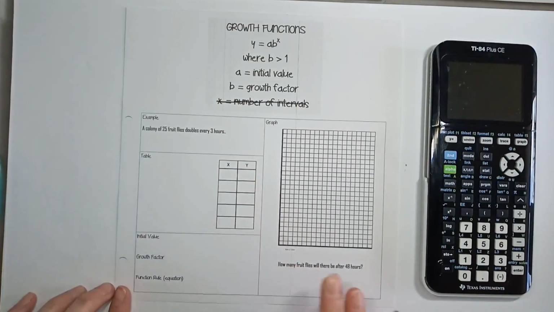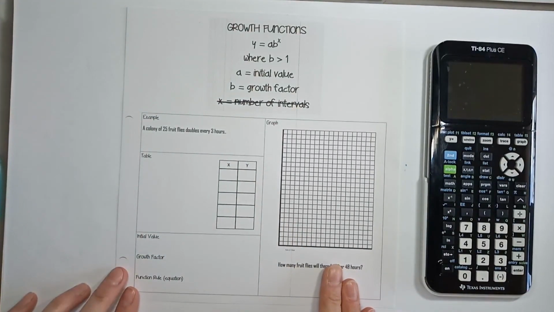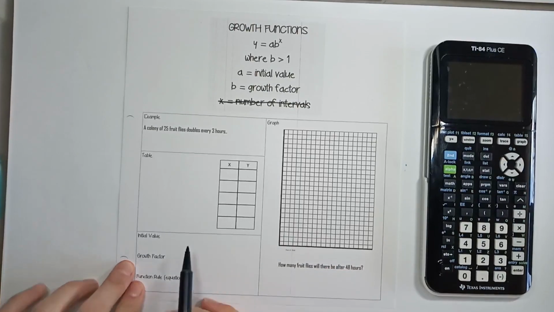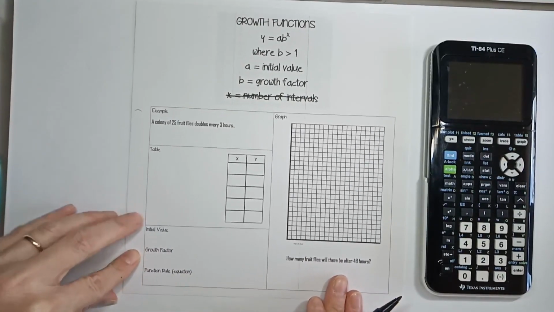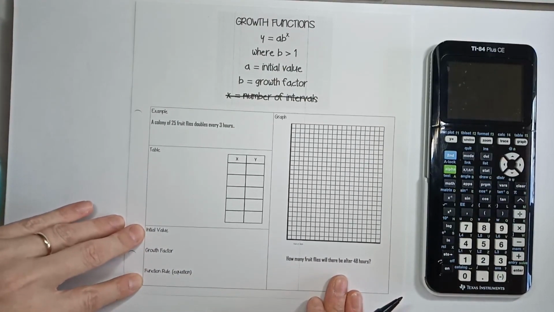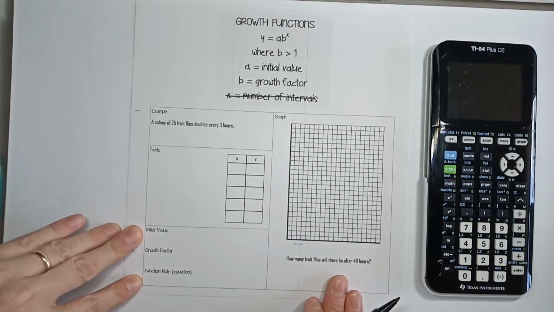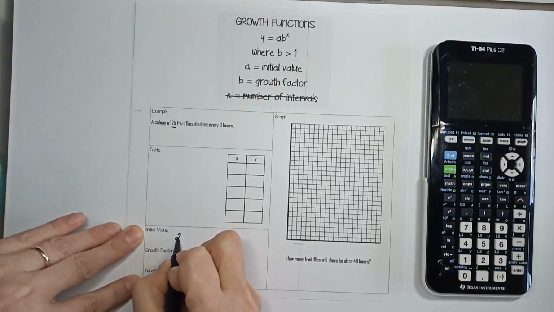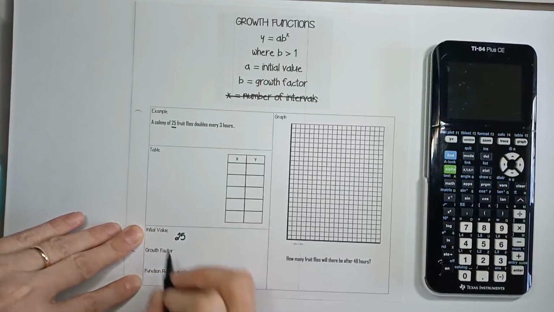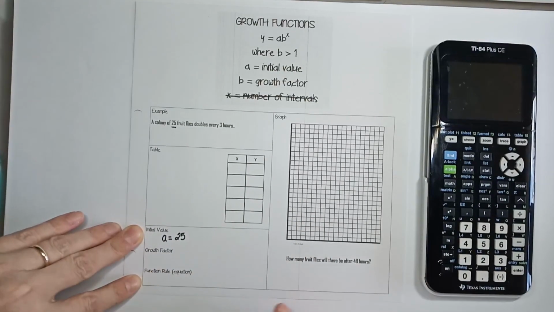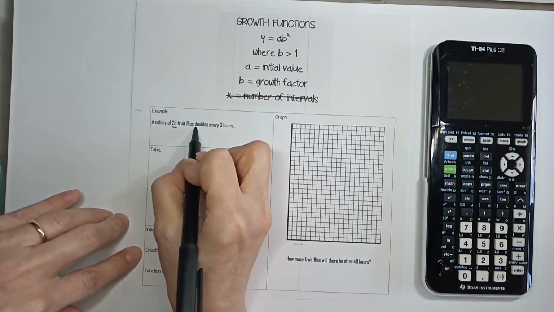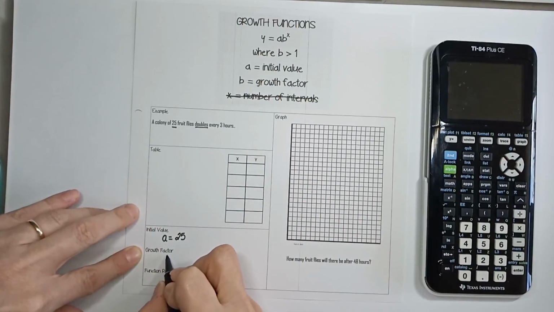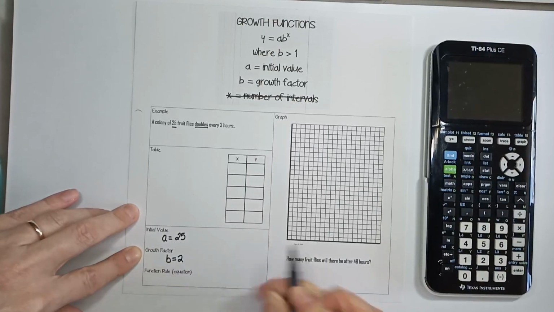But let's take a look at this problem. A colony of 25 fruit flies doubles every 3 hours. Let's come down here to where it says initial value, growth factor, and function rule. You know how to do this already. Our initial value here is going to be those 25 fruit flies, and that is a. The growth factor is the doubling part, so the growth factor is 2.